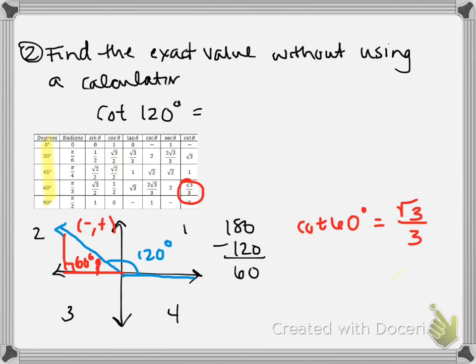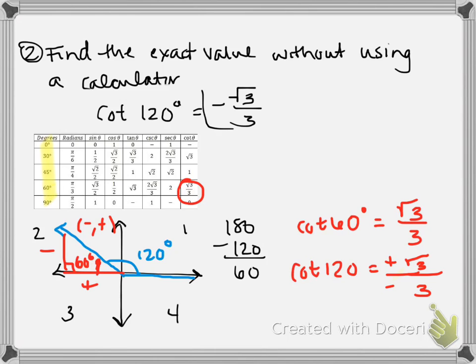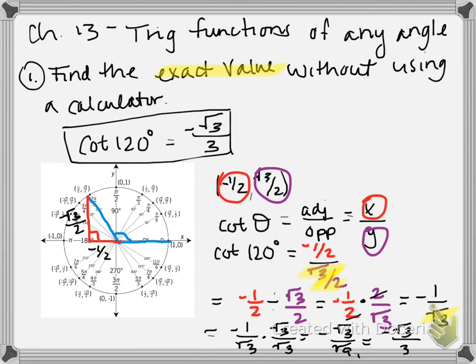So my adjacent side is going to be a positive value, and my opposite side is going to be a negative value. So for cotangent 120 degrees, I'm going to have a positive over a negative, and that'll give me a negative answer. So that tells me that cotangent 120 is going to be negative root 3 over 3. Okay, same as before. Good.